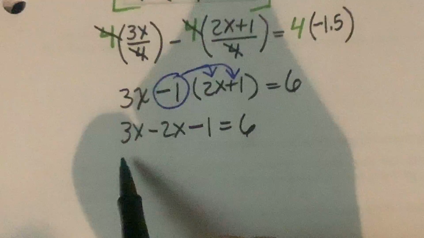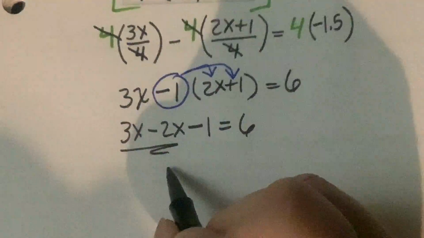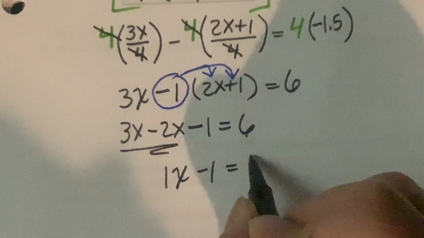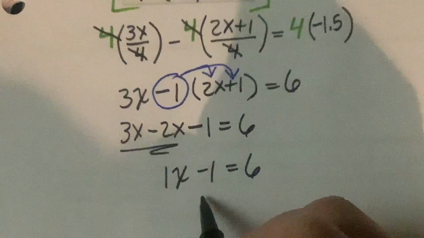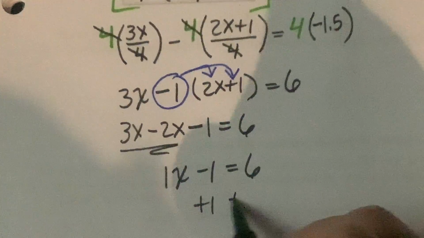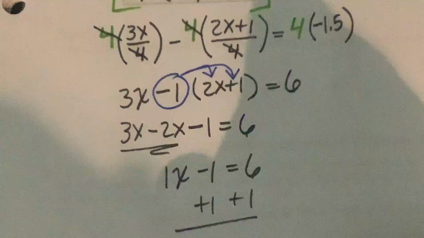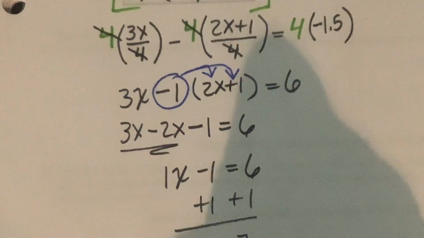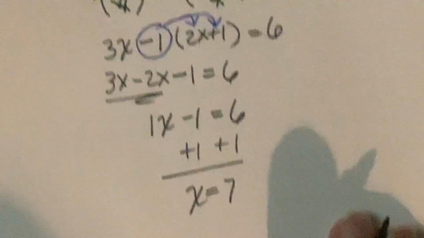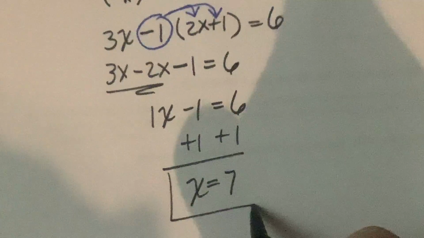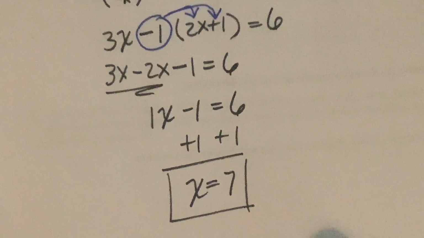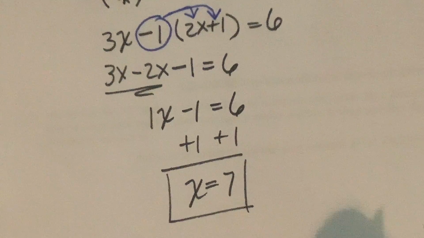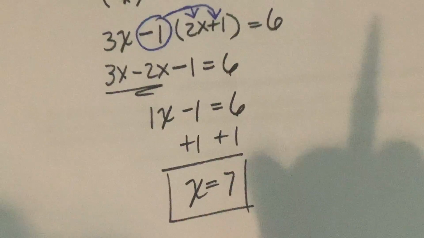Combine like terms, 3x minus 2x is just 1x minus 1 equals 6. Add 1, x equals 7. Could it be that easy? Yeah, it really could. All right, that wasn't easy, I lied.